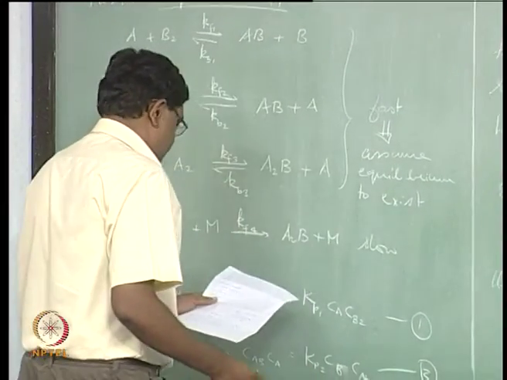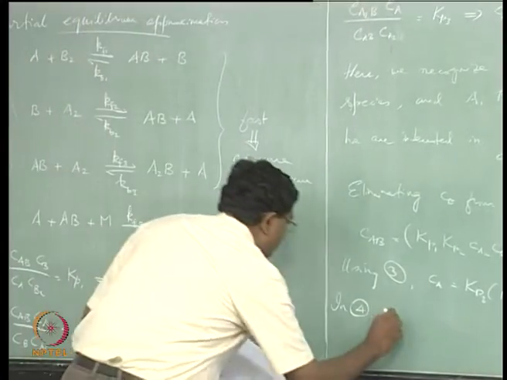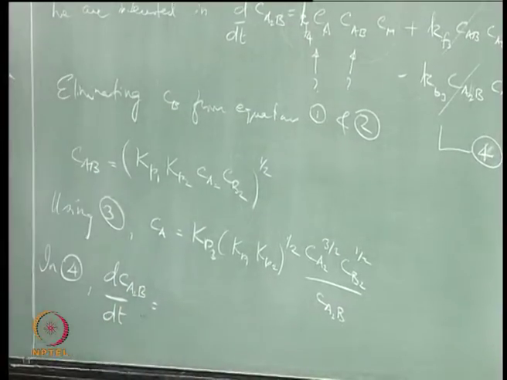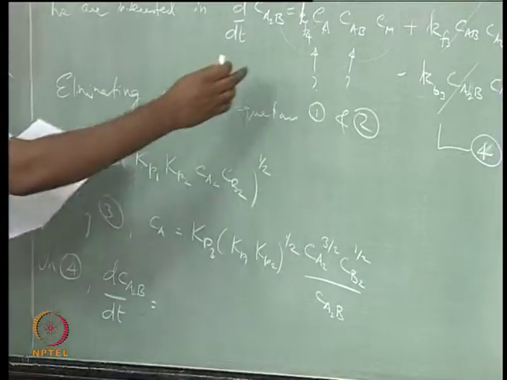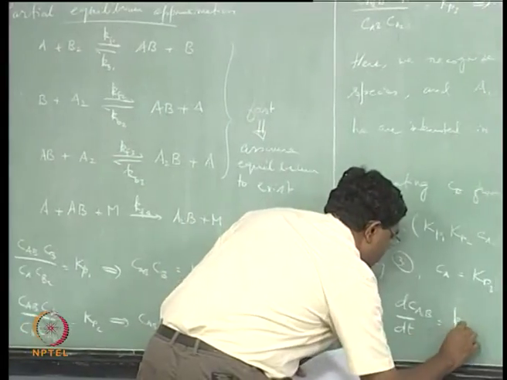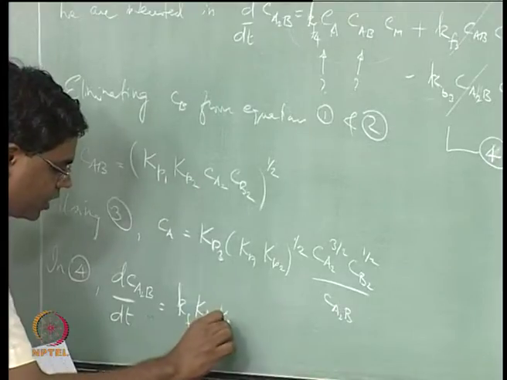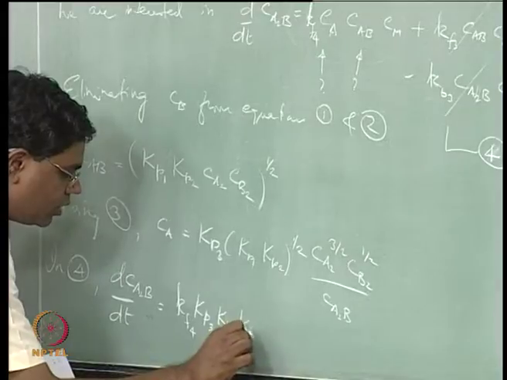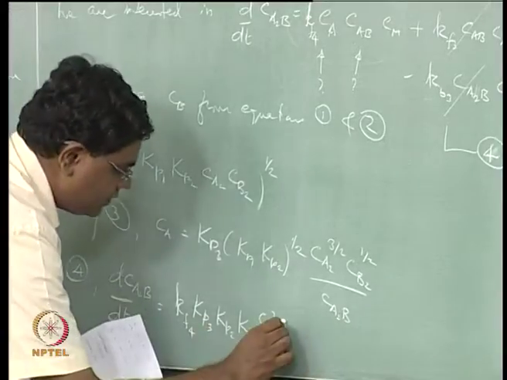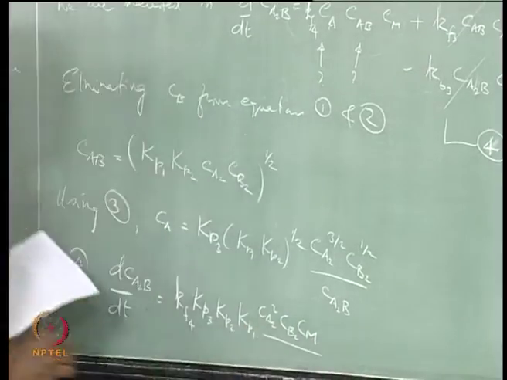So what happens in 4 is d c a to b divided by dt is equal to a kf 4 coming in, and therefore start with a small kf4, then you have everything else showing up, kp3, kp2, kp1, c_a2 squared, c_b2, cm that is still there.